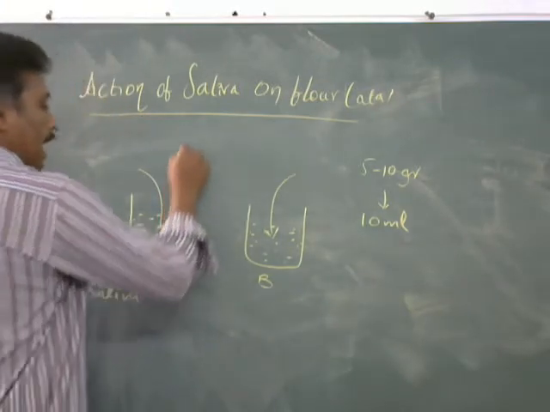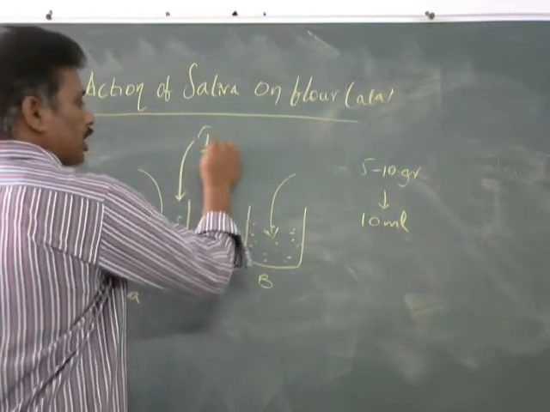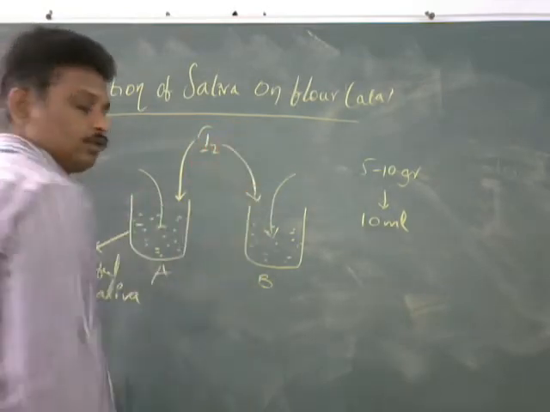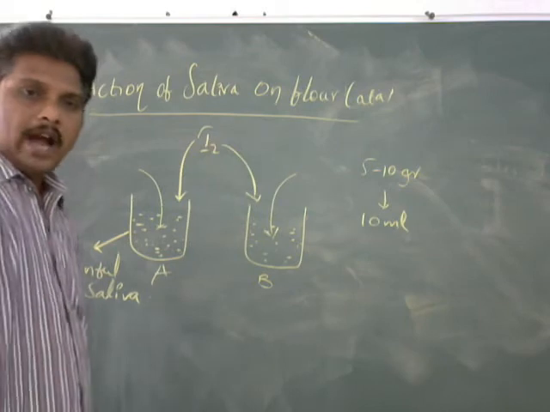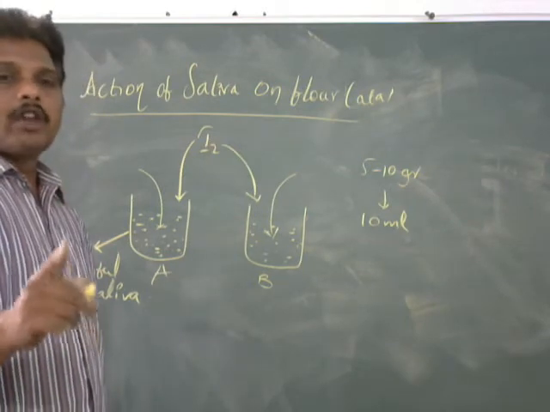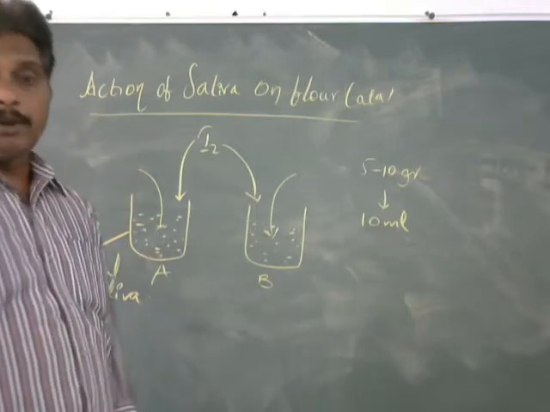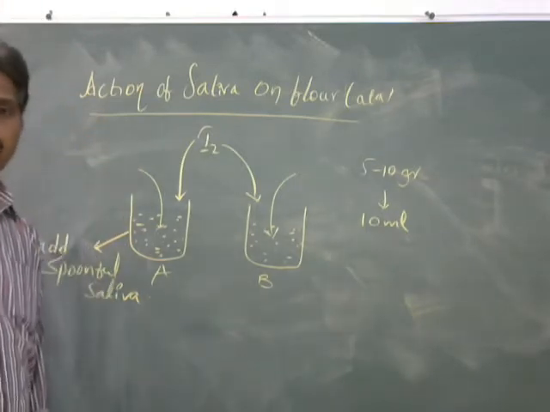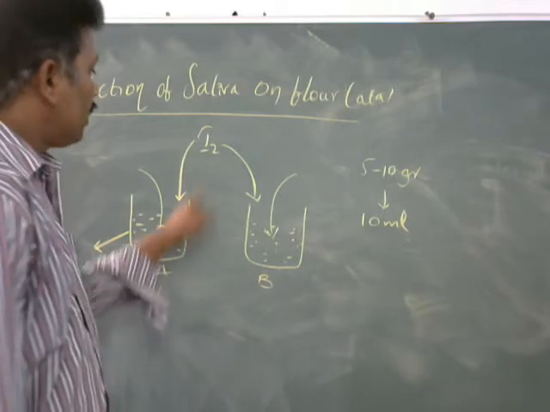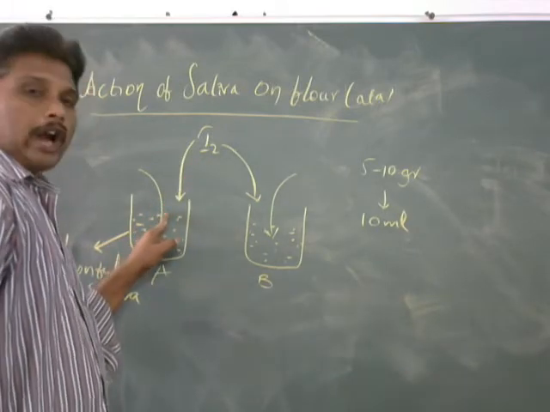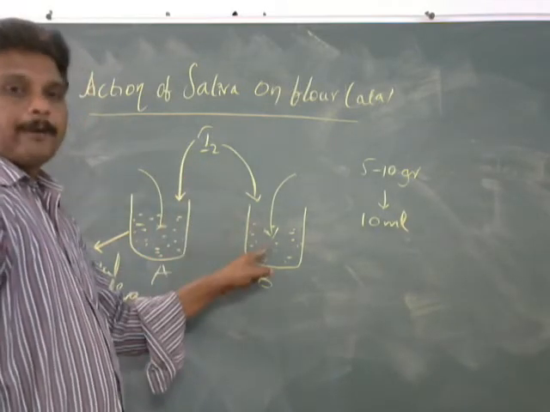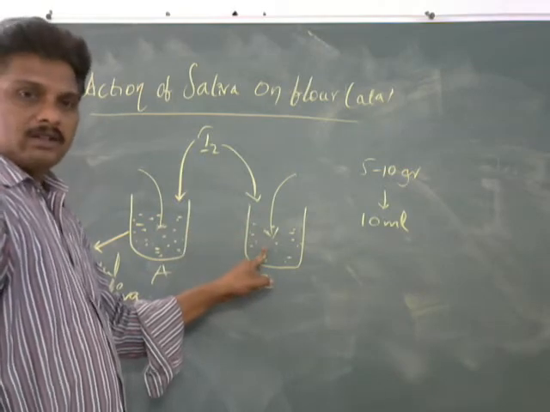After that, add iodine solution to both beakers. Usually, when you add iodine to starch, it gives a blackish blue color. We discussed that in the previous photosynthesis starch experiment.